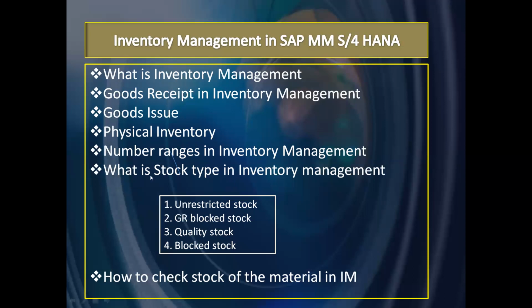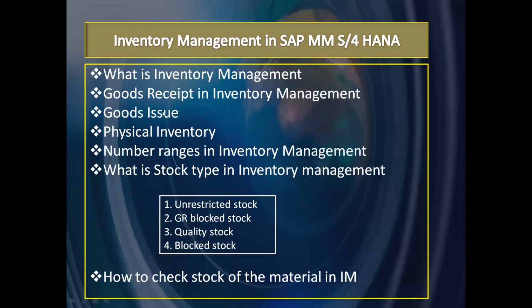Okay. Next is number ranges in inventory management. So what is number ranges in inventory management? So far we have seen how to create the number range. We have seen the number range creation in the material master, business partner, purchase requisition, purchase order, contract management, everywhere, right? So number range concept is everywhere in SAP MM.